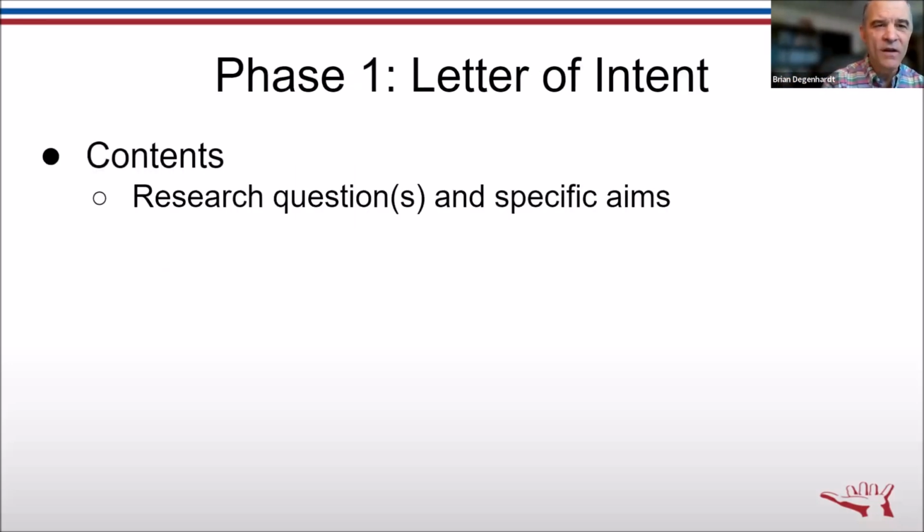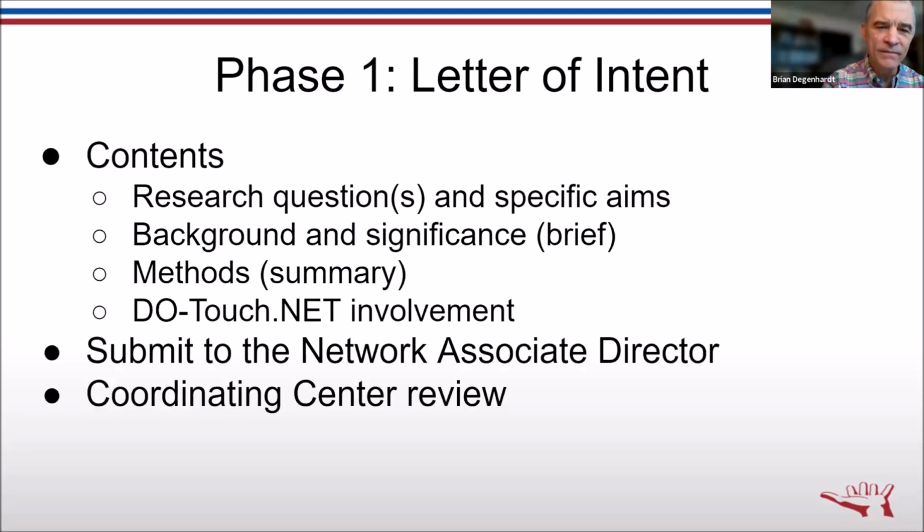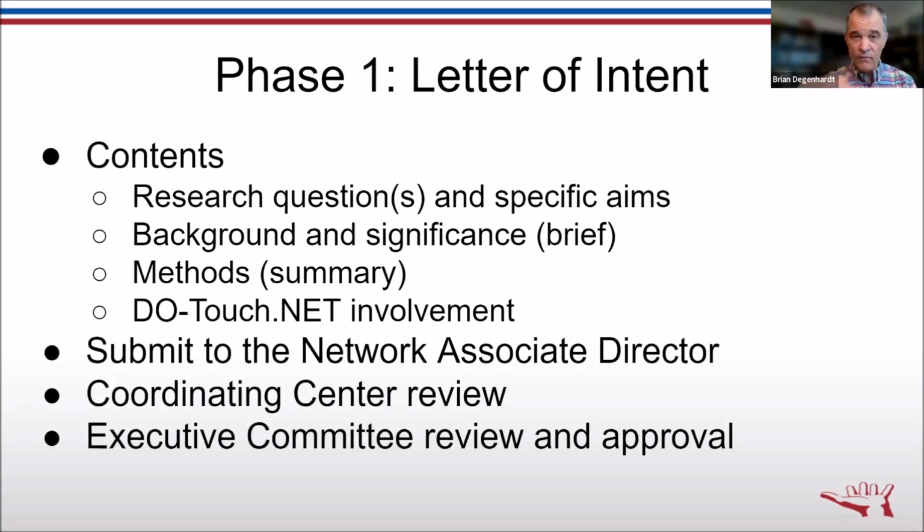And so we have information about what is expected for that letter of intent. We have received 2 letters of intent that have been submitted. They've gone through the coordinating center review as well as the executive committee review, and both ideas have been accepted.